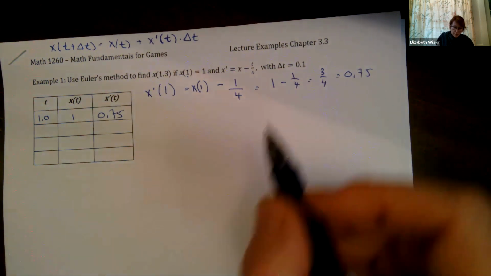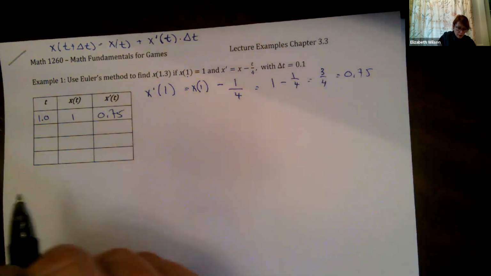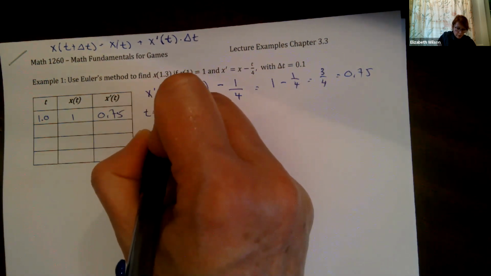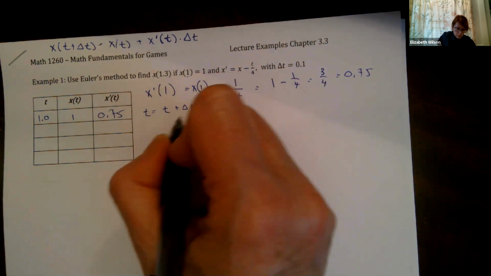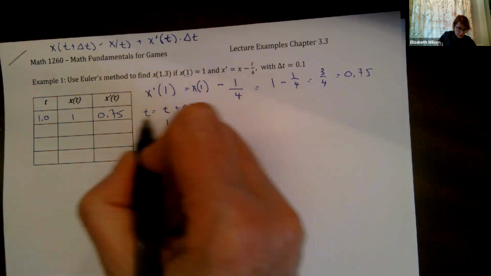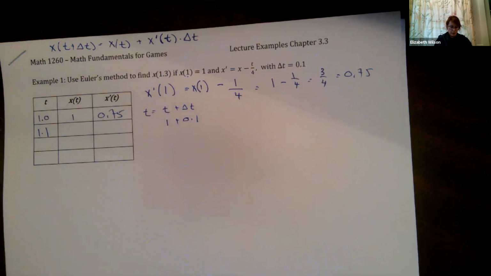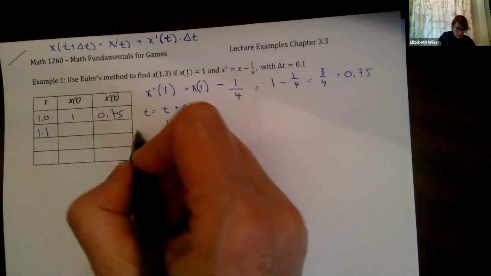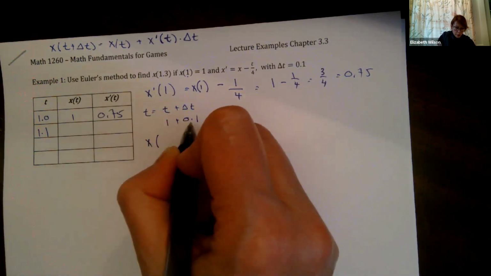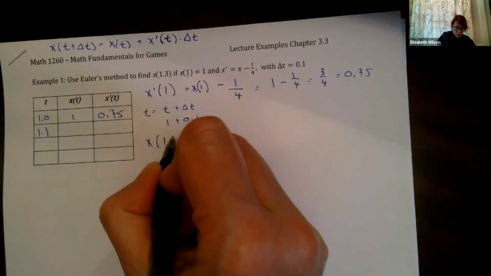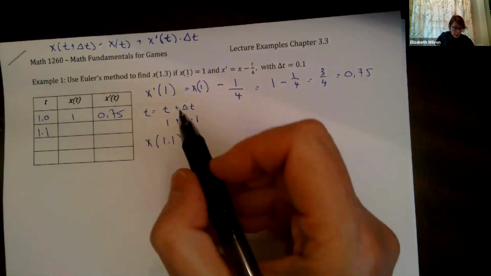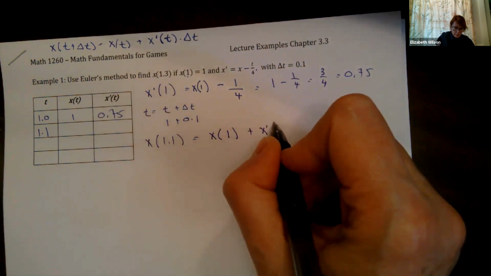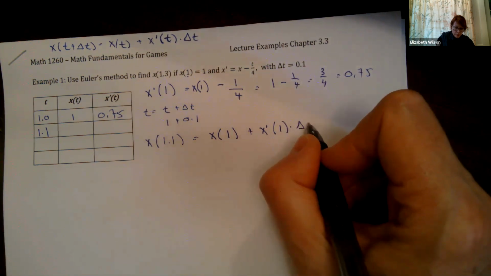Okay. Now my delta t says it's 0.1. So my t equals t from before plus delta t. So this is going to be equal to 1 plus 0.1. So my next t is 1.1. Okay, so now what I need to do is use Euler's equation to help me calculate x of 1 plus 0.1, that's t plus delta t, so 1.1, which is going to equal x of 1 plus x prime of 1 times delta t.